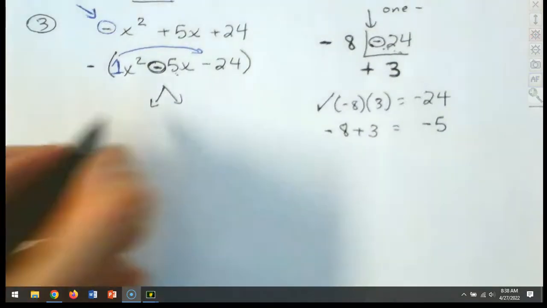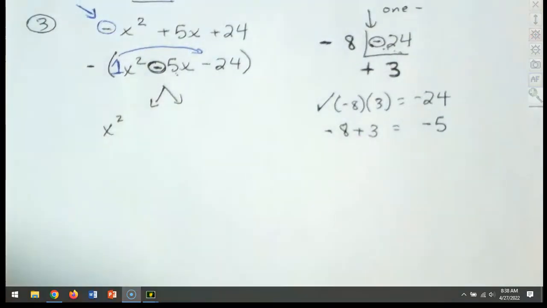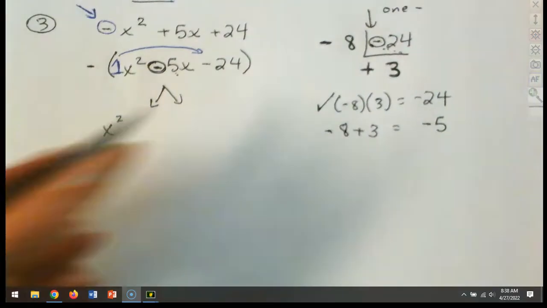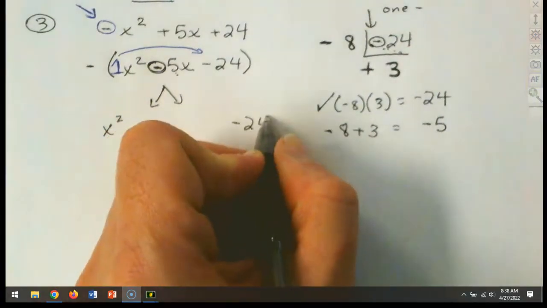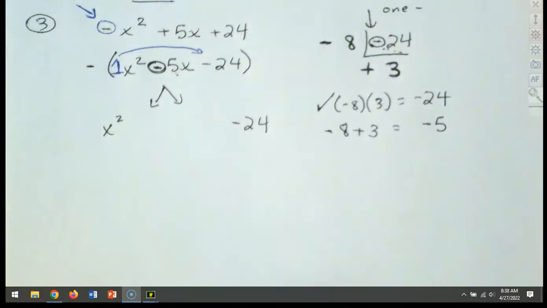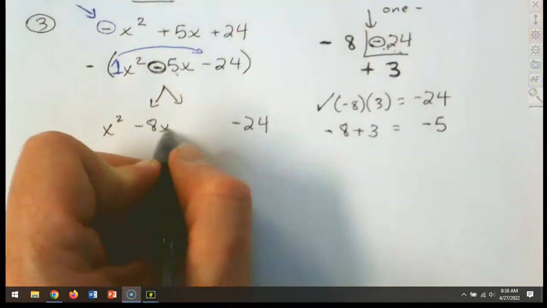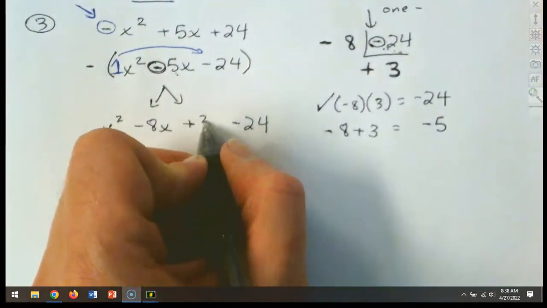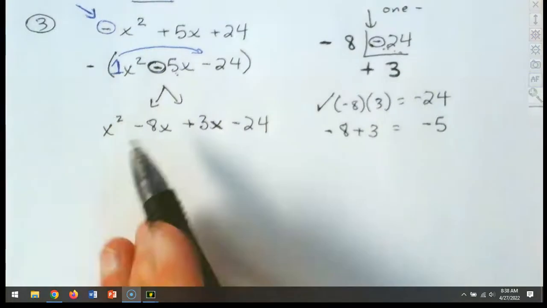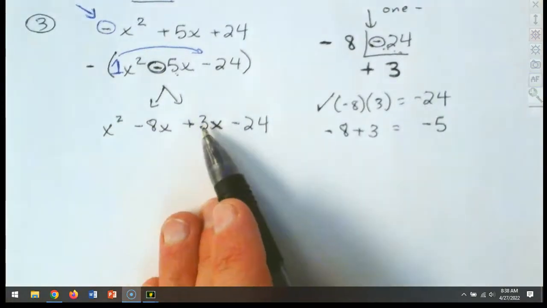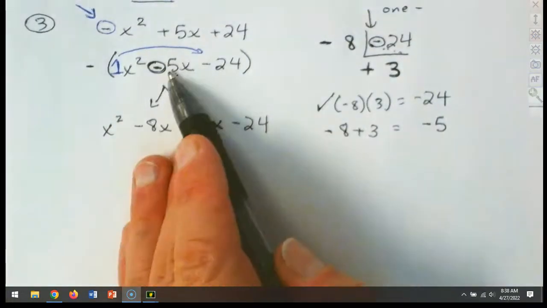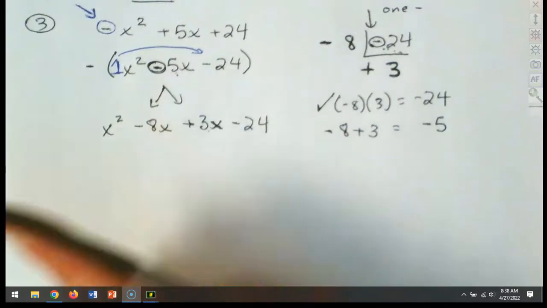We split the middle up, so we've got an x squared, stays the same, right? And our minus 24 on the end also stays the same. What are we doing? We're splitting up that minus 5x, and we're going to split that up into minus 8x and a plus 3x, because minus 8x plus 3x is a minus 5x, right? See how it all kind of goes together.